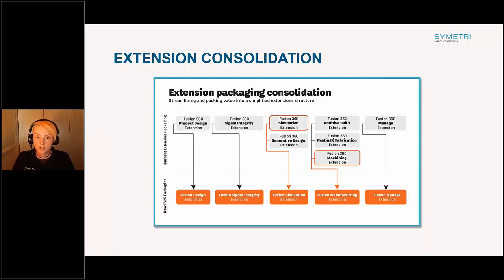Manufacturing extension was the one that Brian went over in his webinar not that long ago. And then that extension itself, the manufacturing extension, has actually grown so much now that it's got nesting and fabrication as well as additive build. And then we've got the manage extension, which, for anyone who doesn't know much about it, is based around data management of your files, more than version control. It's revision control as well as change order management.